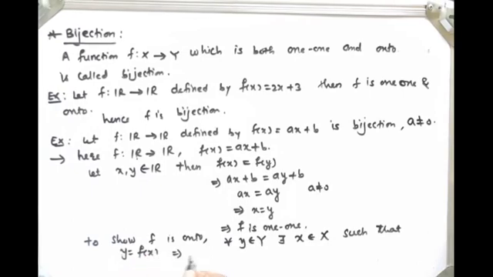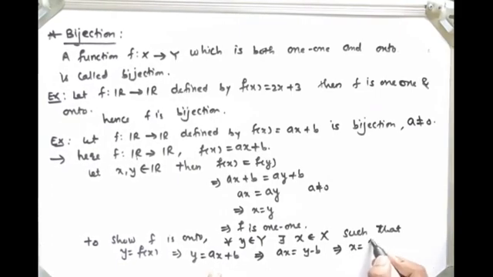So y is equal to f of x, which is ax plus b. Now solve this equation for the value of x. So b is outside, ax is equal to y minus b, so divide both sides by a, so finally I get x is equal to (y minus b) upon a. Here a is not equal to 0.